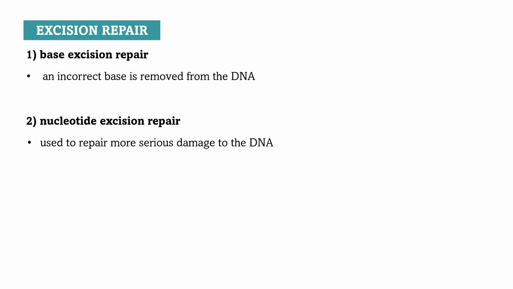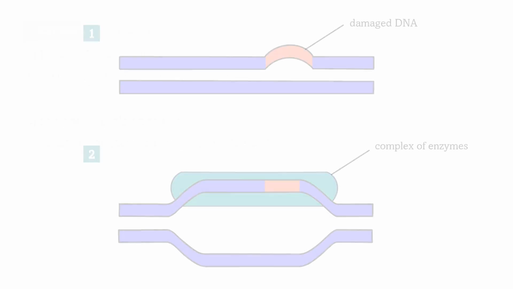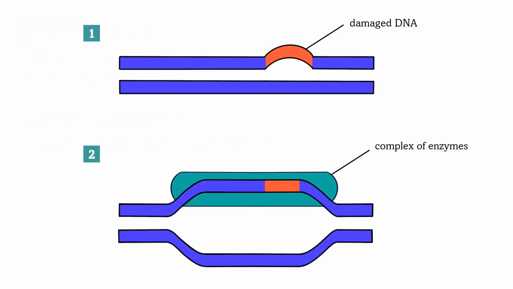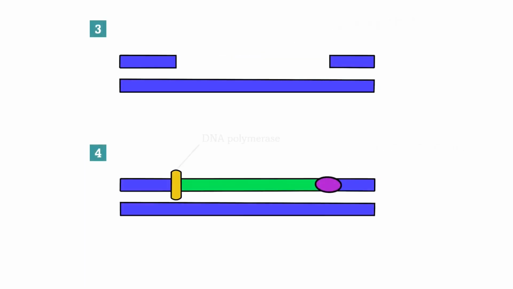It uses a complex of enzymes that finds the distorted part of the DNA and separates its two strands. The damaged part of the strand is removed and the gap is filled in by DNA polymerase. DNA ligase then again joins the newly synthesized nucleotides with the undamaged DNA strand.